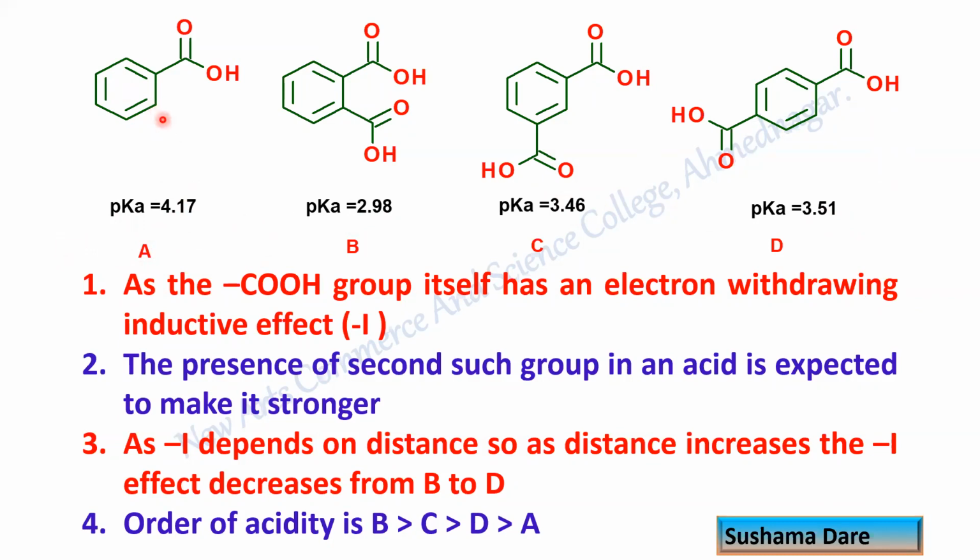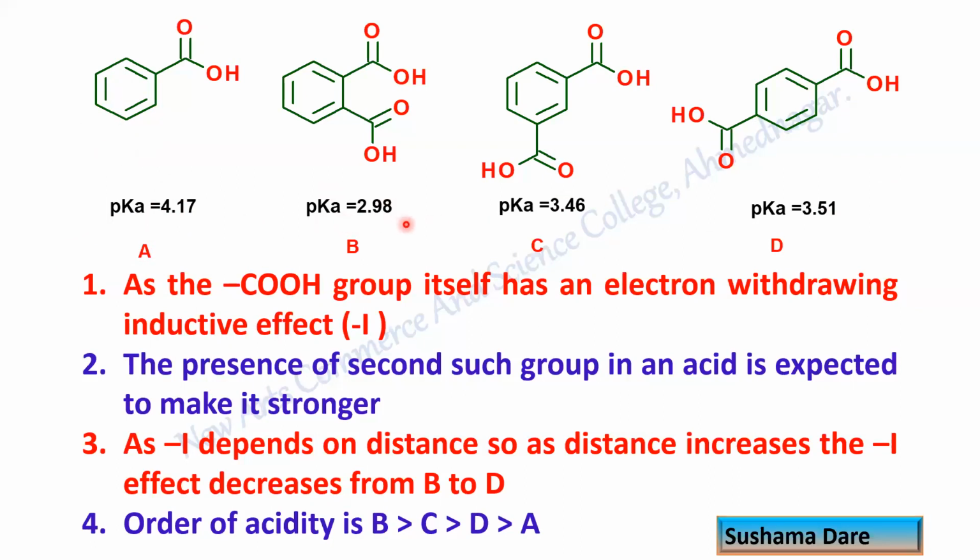The minus I effect is less in case of the carboxylate ion, or we call it the conjugate base of benzoic acid, that is benzoate. So here the minus I effect is less. Strength of minus I effect is less means what? The conjugate base is less stable. So as the conjugate base is less stable, the rate of dissociation is slow. Hence it is a weak acid.